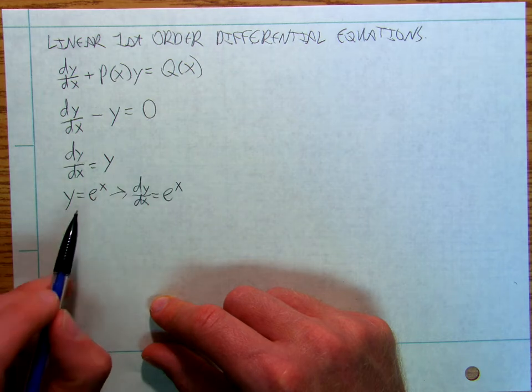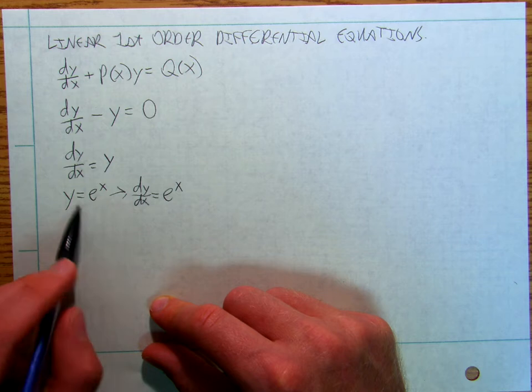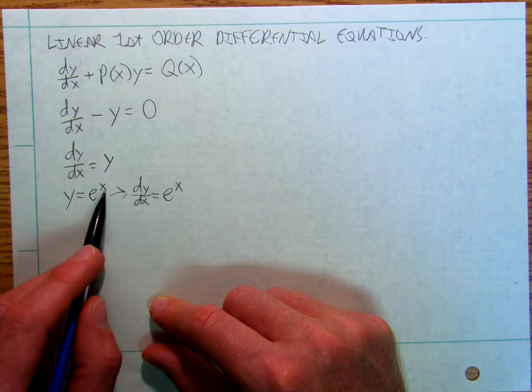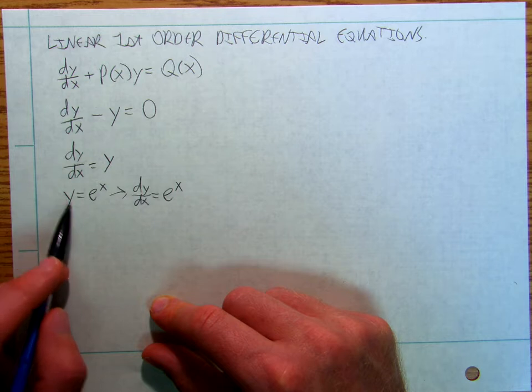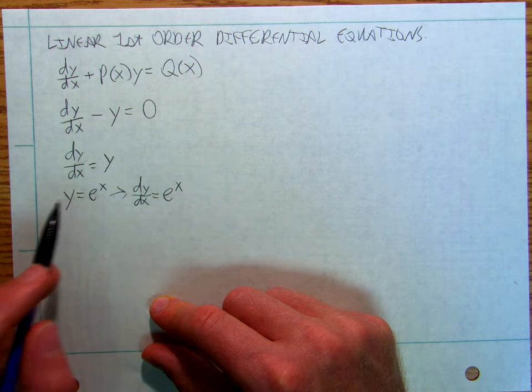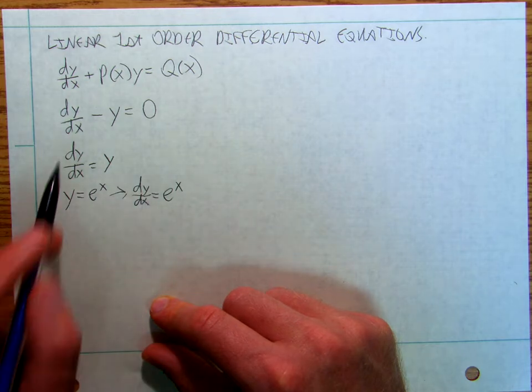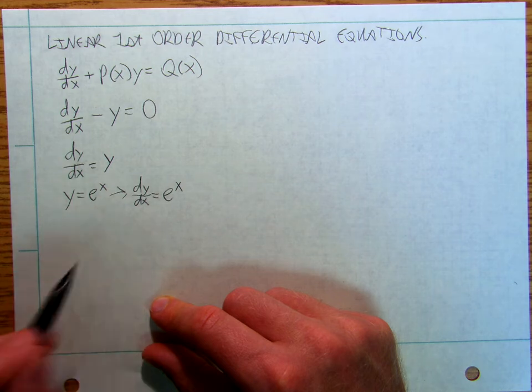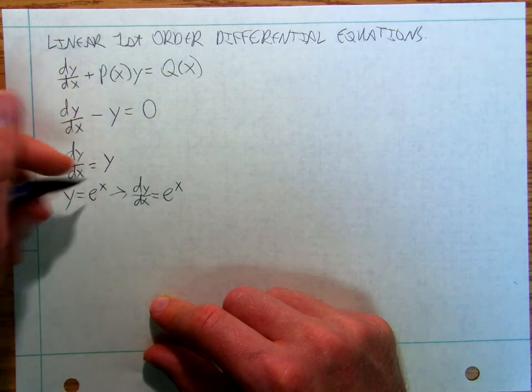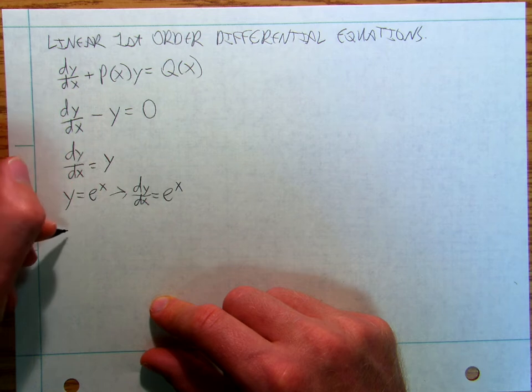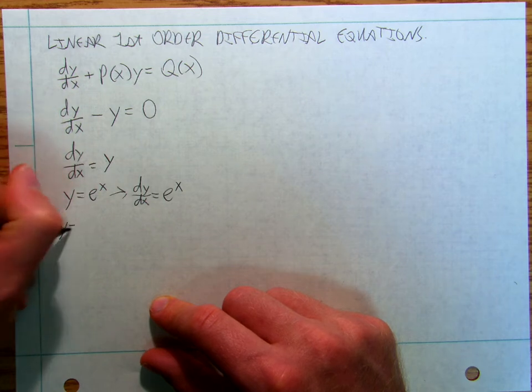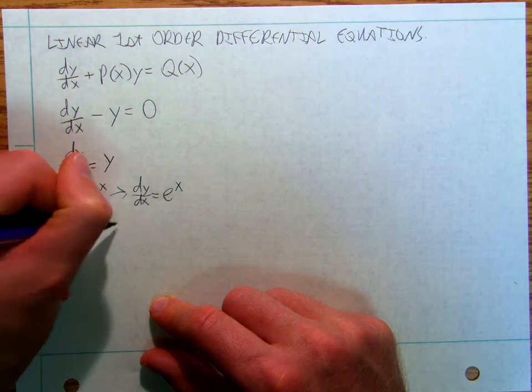It's really critical that you understand that the slope of the line y equals e to the x is always equal to the y value of y equals e to the x. So the derivative equals the function. And then actually in general, because there's a plus c in there somewhere, it's actually going to be y equals c e to the x.